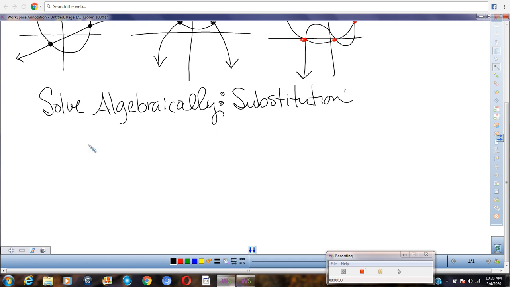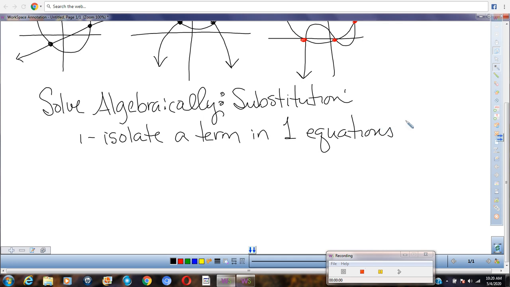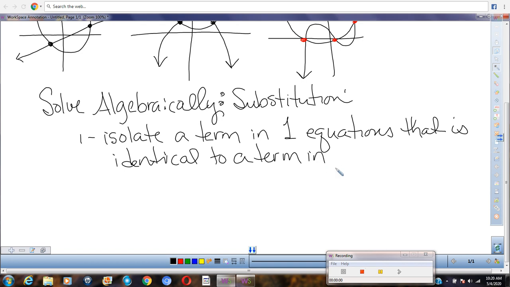All right, so first thing you want to do is isolate a term in one of the equations that is identical to a term in the other equation. Maybe that's x, maybe that's x squared, maybe that's 3x squared.